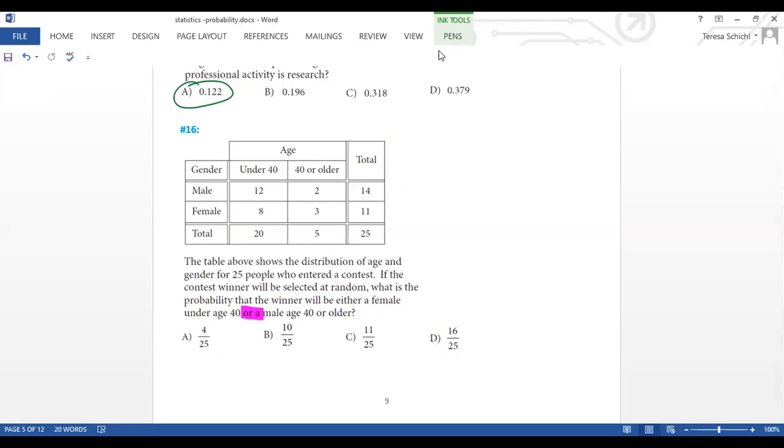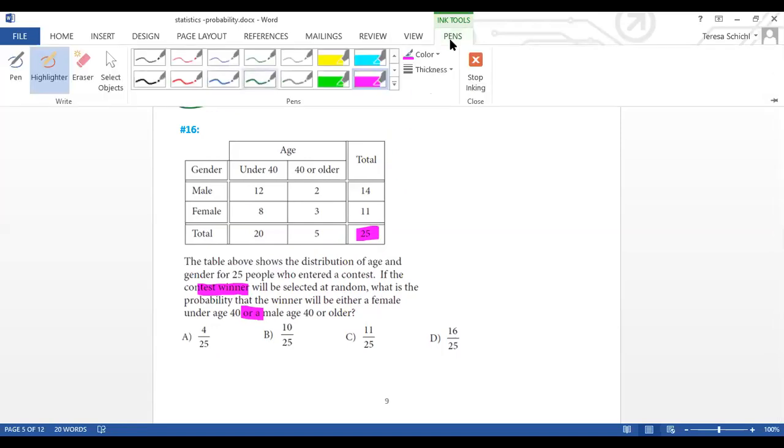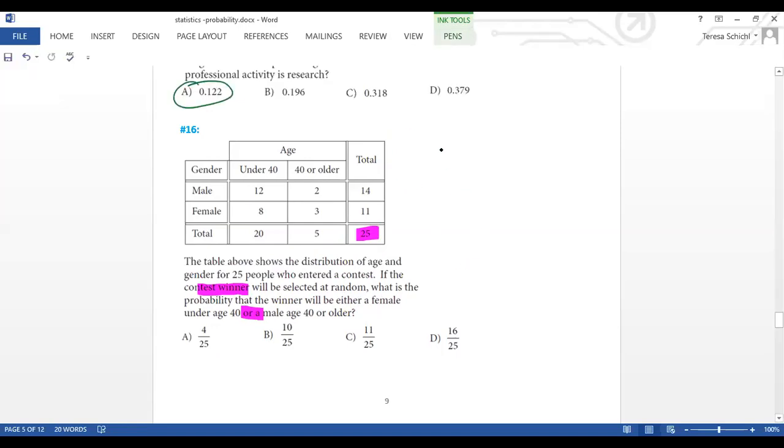If the contest winner is selected at random, that means I consider the whole contest. You see this "or." Or means union.